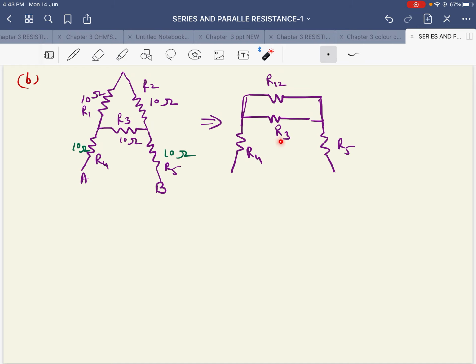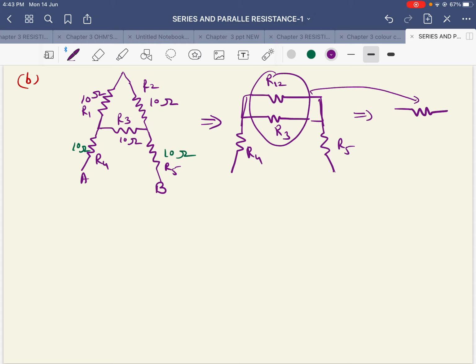After applying the formula, instead of these two resistors we will get one resultant resistor, R123, and again here is R4 and here is R5.